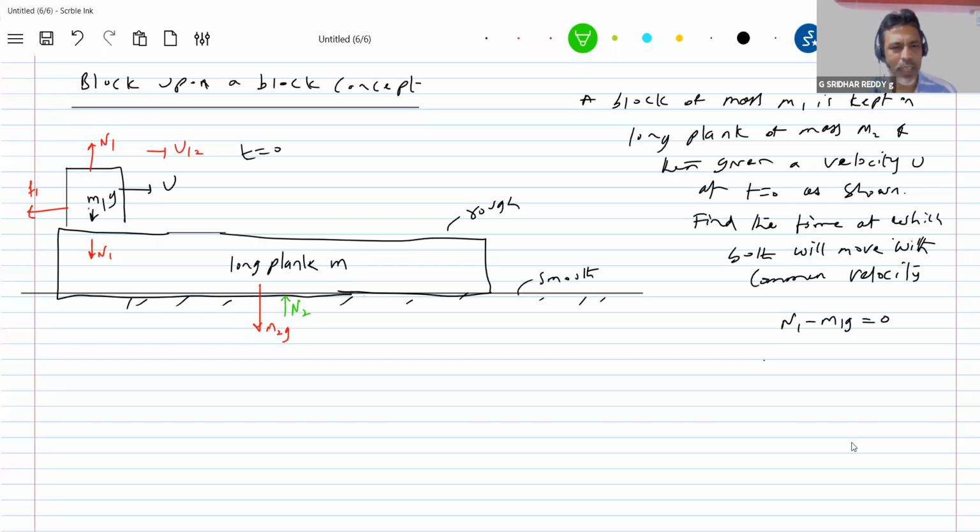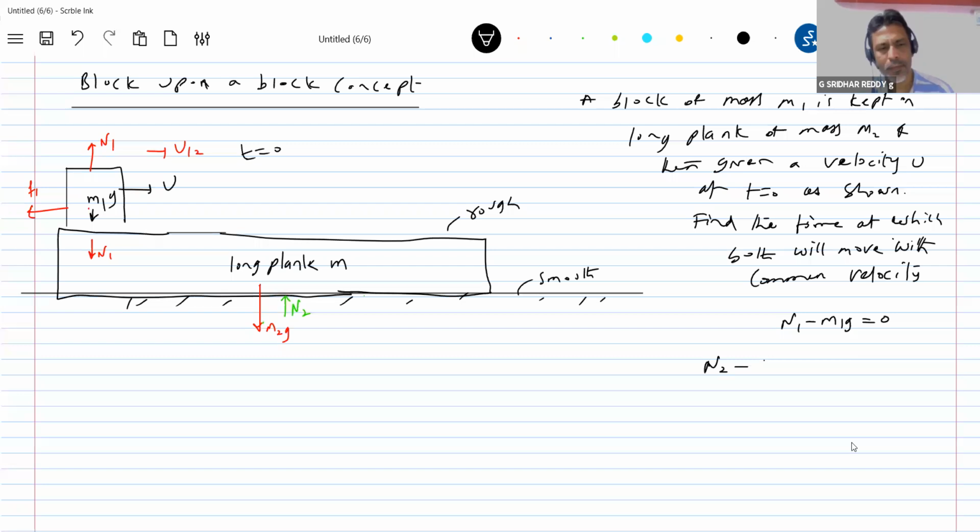N2 and m2g should act along the same line of action, but to make the diagram clearer, I'm just shifting N2. So N2 and m2g should be along the same line of action, and I'm shifting N2 only for visibility. Fine. So now what is the equation?